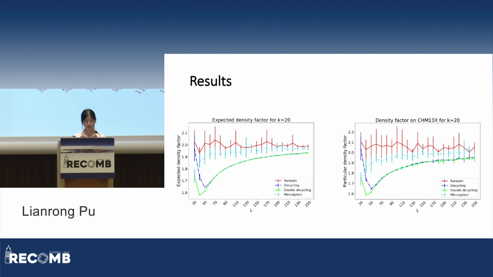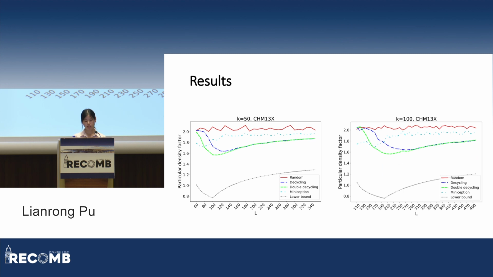So we can see first the performance between the methods is still the same, but the random order and minception have much higher deviation, and our decycling set-based order has lower deviation. And also, I think other performance is the same. When L is small, double decycling set has better performance than the decycling set.